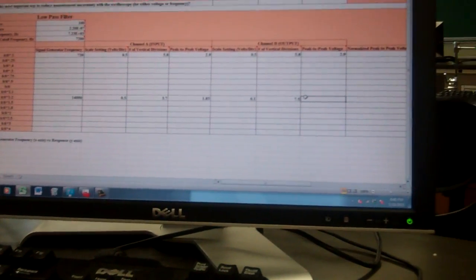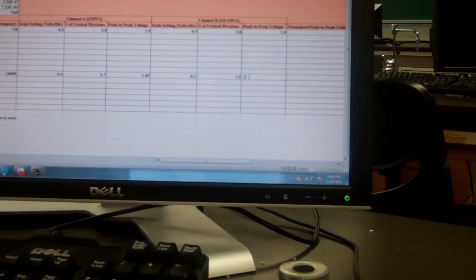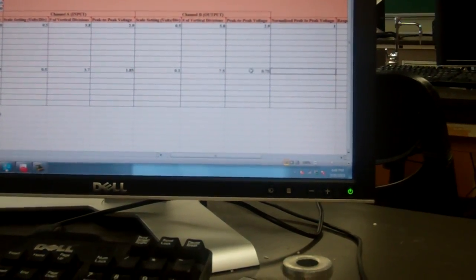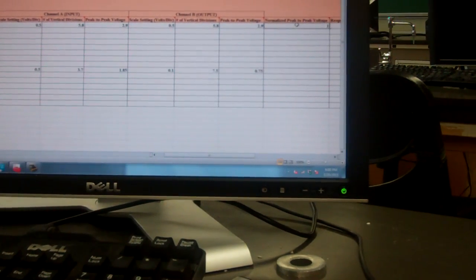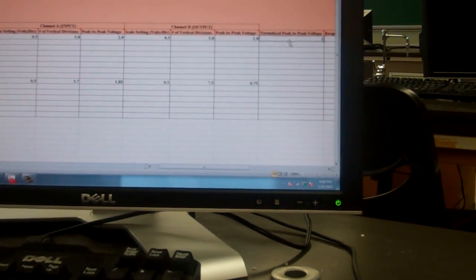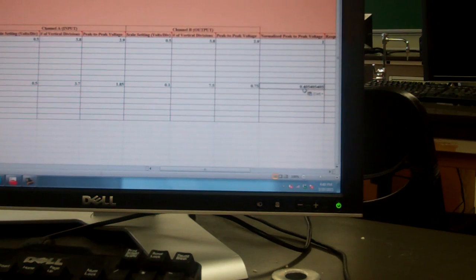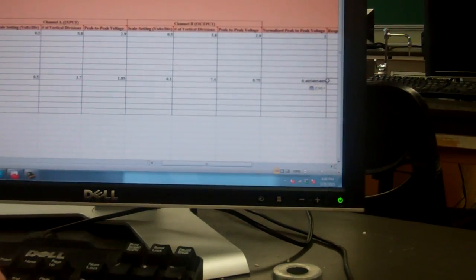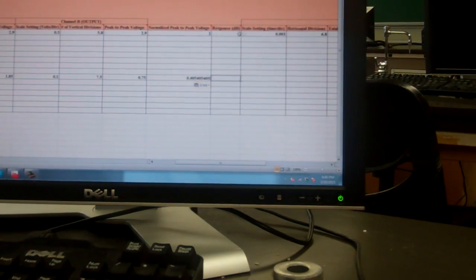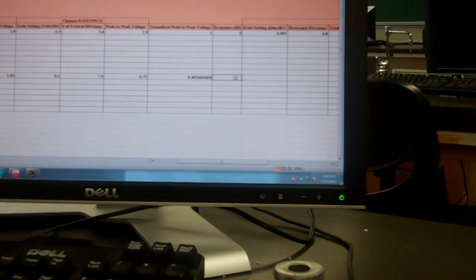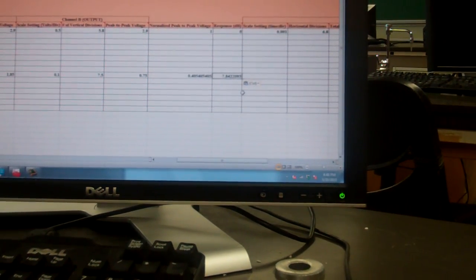All right, our peak-to-peak voltage now is going to be 0.75. Our normalized peak-to-peak is going to be equal to, just copy the formula down, 0.4. And our response now is going to be a negative number, negative 0.78.